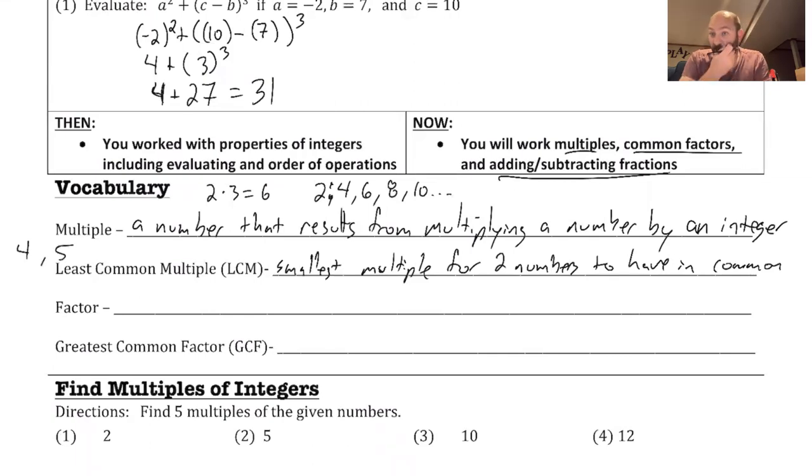So the least common multiple of 4 and 5. We need to find numbers that they both multiply up to. So if I were to list them out, when I hit a common one, for 4 it'd be 4, 8, 12, 16, 20. For 5, it'd be 5, 10, 15, 20. So the LCM here is 20. Both 4 and 5 multiply up to 20, and it's the smallest possibility.